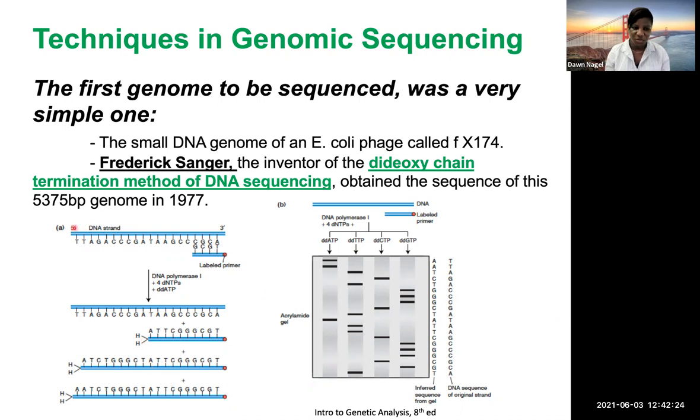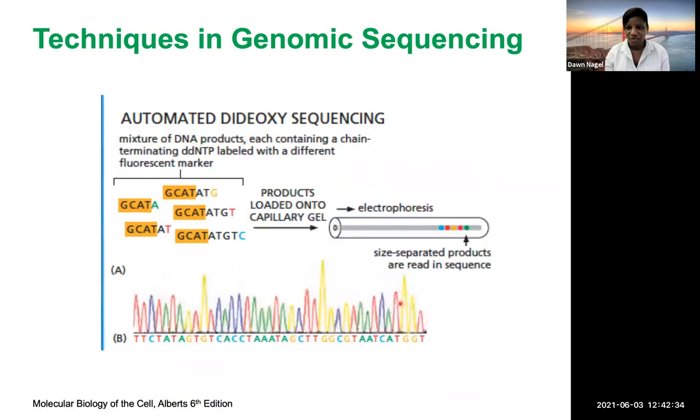So this is how it was sequenced, using this very similar method that we discussed, to identify what's in the genome. Of course, later on, and I'm reminding you guys about this because you will obviously see it on the final exam again, today we're using a more automated approach, where we're using fluorescent labels rather than radioisotope labeling.